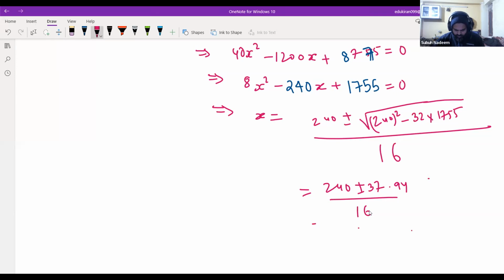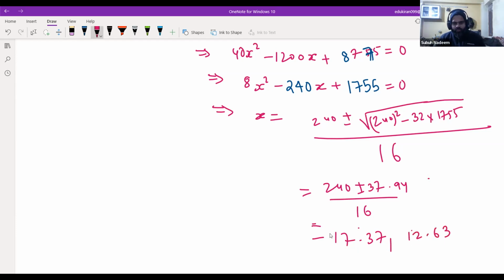Again, let me see. 240 plus 37.94 divided by 16. This is 17.37. And if we subtract, what will happen? 240 minus 37.94. This will be 202.06 divided by 16. It will come 12.63 approximately.